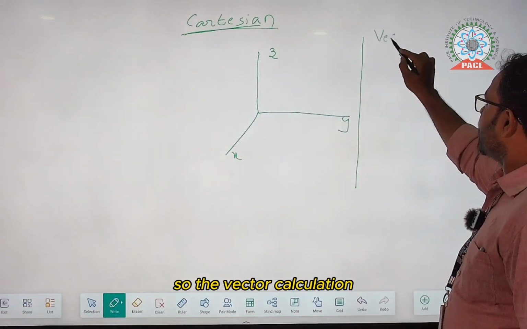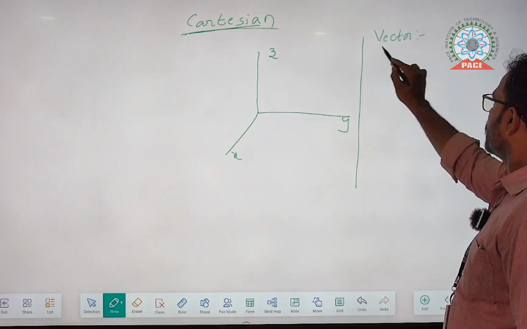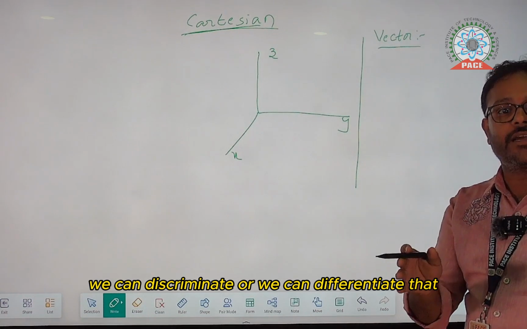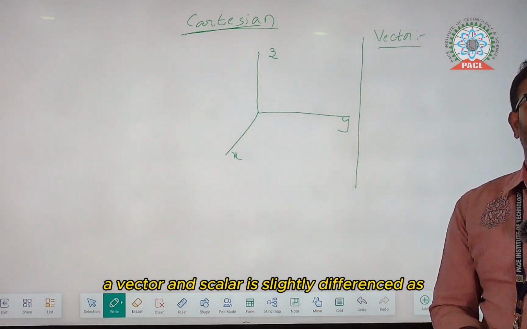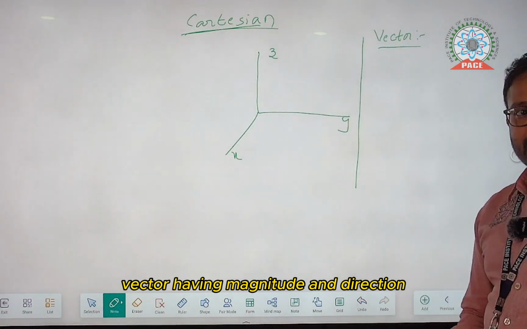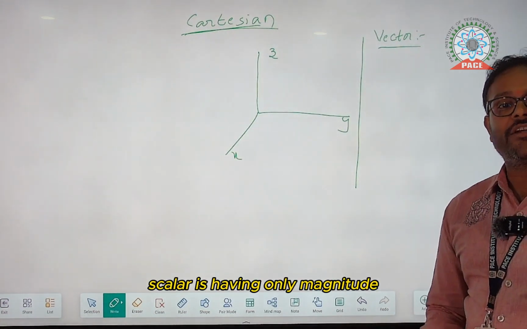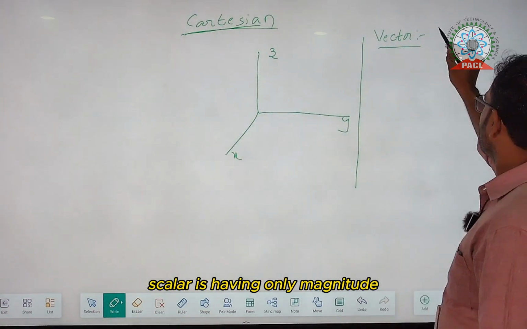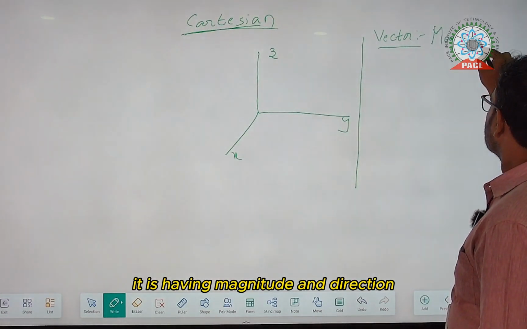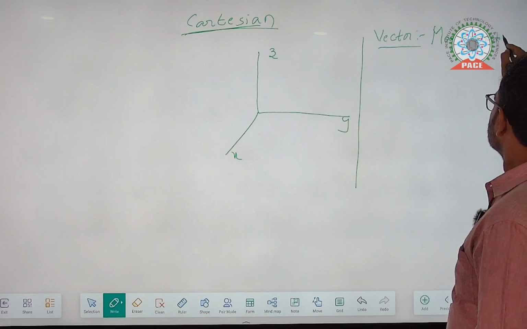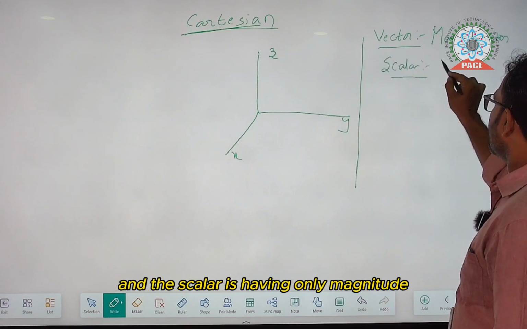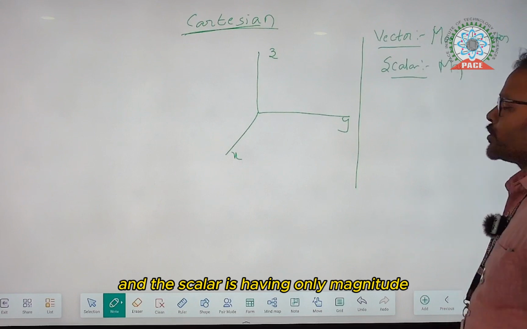In vector calculation, we can differentiate that a vector and a scalar are slightly different: a vector has magnitude and direction, and a scalar has only magnitude.